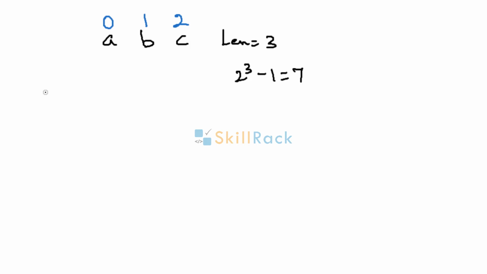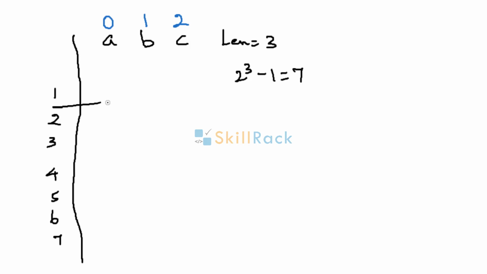So let us write down the numbers 1 to 7: 1, 2, 3, 4, 5, 6, 7. Now because the length is 3, consider 3 bits alone. That is, the bits before will be 0. So what is the binary representation for 1? For 1 it is 0, 0, 1, because anyway the bits before also will be 0.